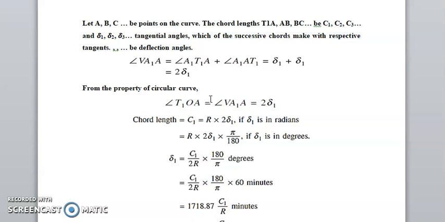For the same chord, C1 equals R times 2 delta 1, where delta is in radians. Delta 1 equals C1 by 2R, which in degrees is C1 by 2R into 180 by pi, and in minutes, C1 by 2R into 180 by pi into 60.